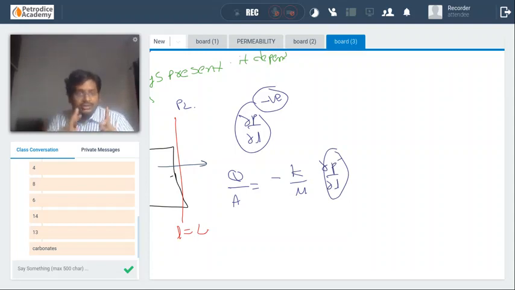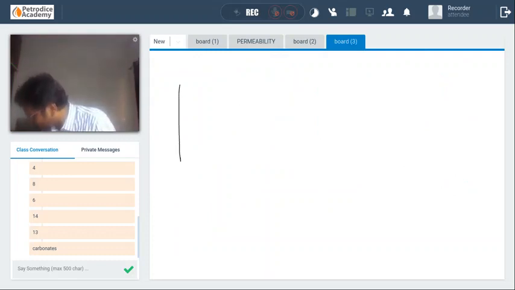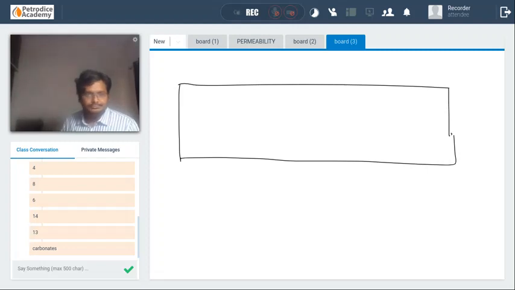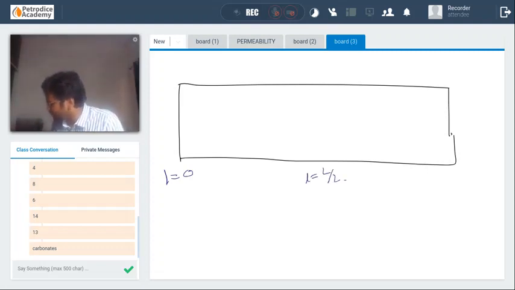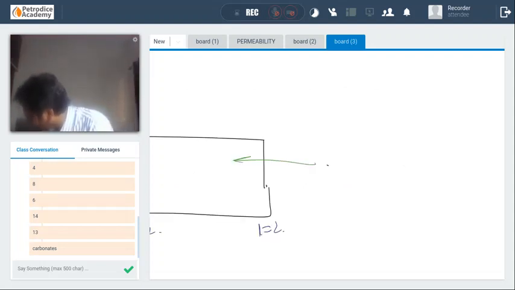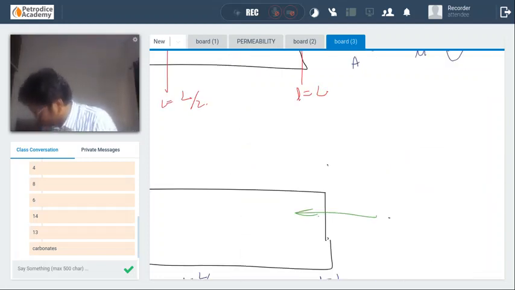Let me give another scenario, guys. Consider the same core. Here L is 0, this is L by 2, and this is capital L. The flow is happening from right to left, and we measure the pressure from the left.